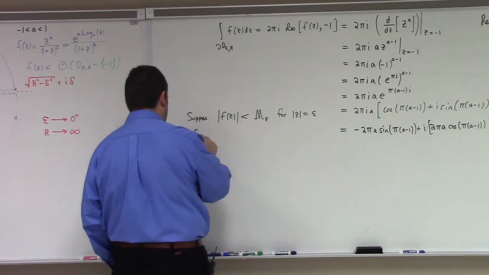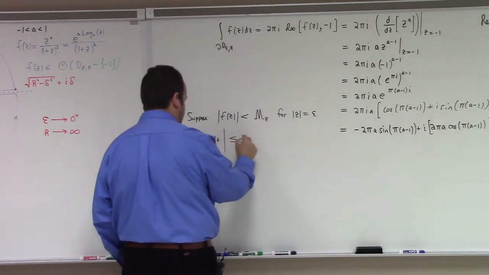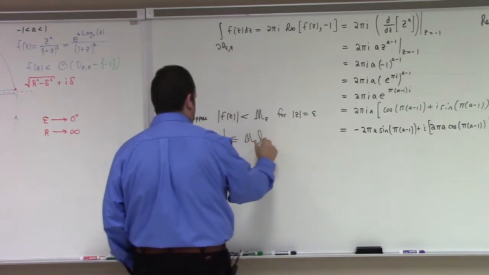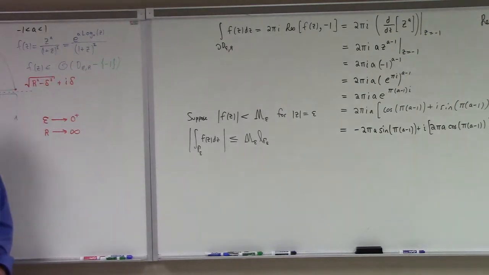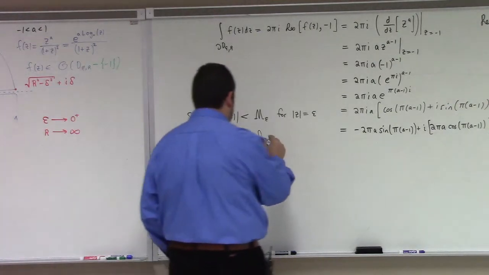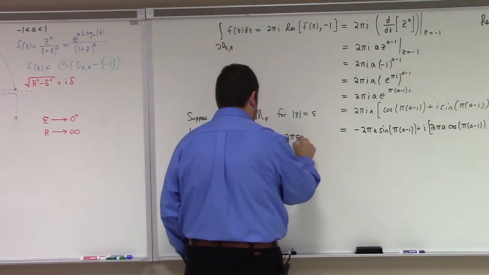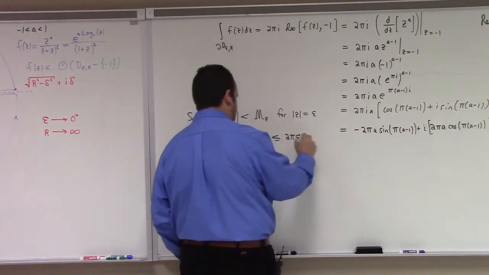The integral over gamma epsilon of f of z dz, the modulus of that is less than or equal to m epsilon times the length of gamma epsilon, right? But it's clear that the length of gamma epsilon is a little bit smaller than the full length of the circle of radius epsilon. So the details of that don't really concern us, because we have this inequality, which is all we're really after. 2 pi epsilon is the circumference, right? And then times my m epsilon.